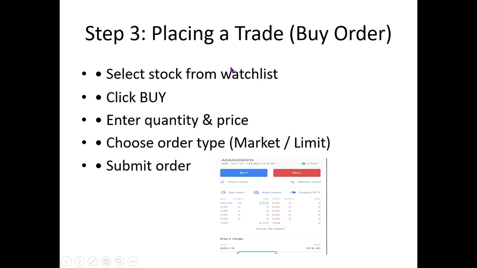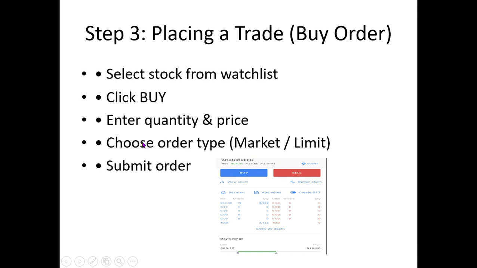The next step is how to place a trade, how to buy a stock and make an order. Here you select a stock from the company watch list you have added. Select one of the companies and click on the buy option.